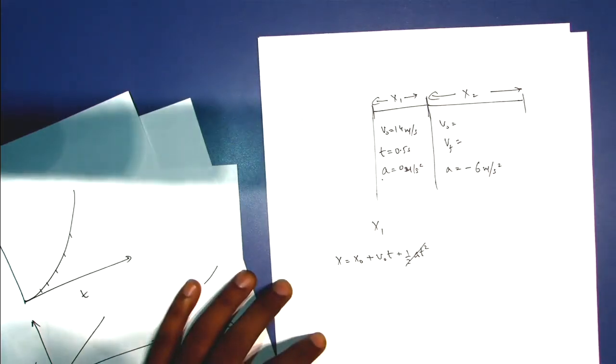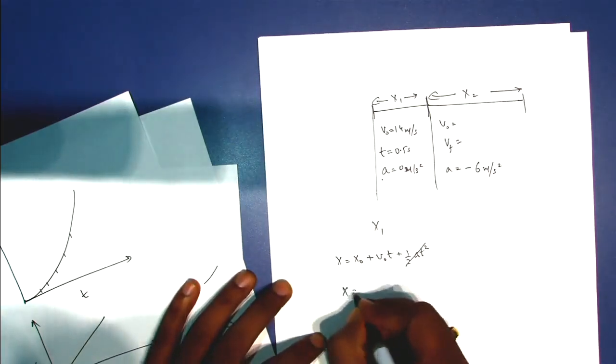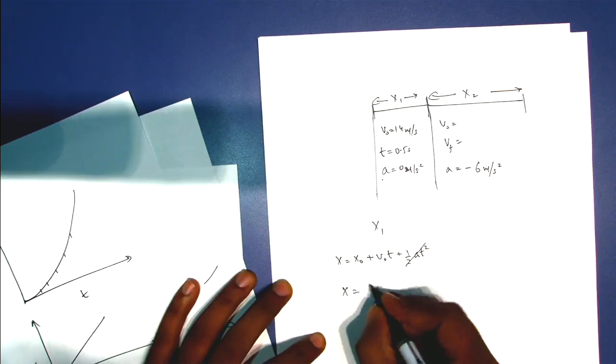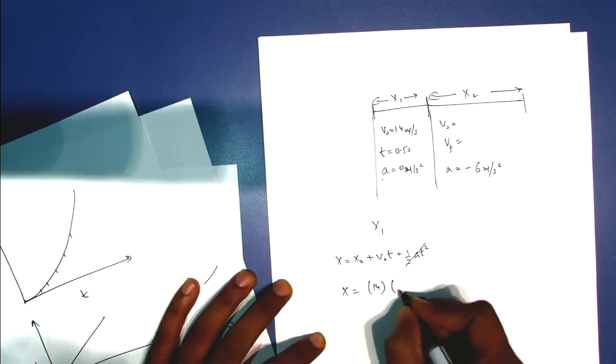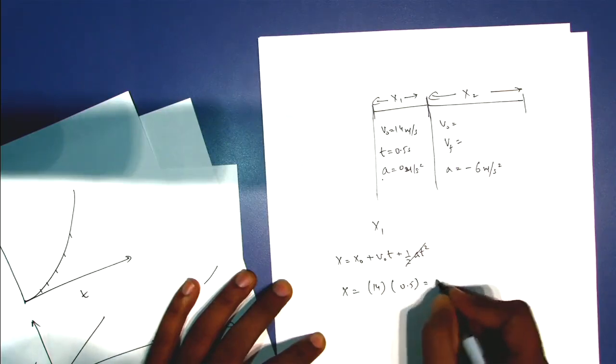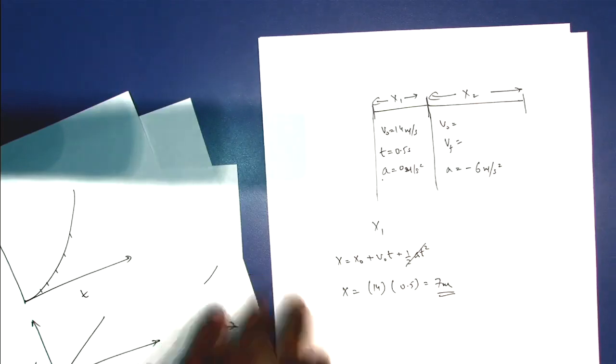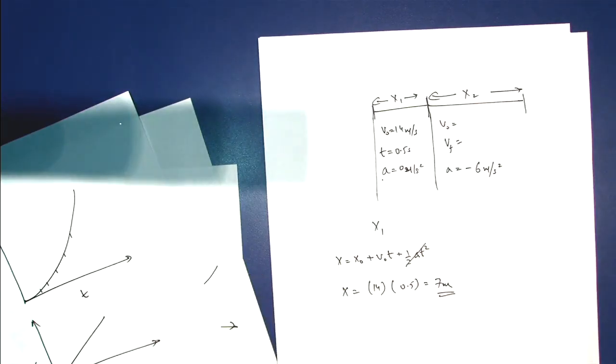If A is 0, that term goes away. So x is v times t, which is 14 times 0.5. So great, 7 meters. Everyone's with me so far? All I'm saying is during my reaction time, when I did not hit the brakes, my car, which is traveling at 14 meters per second, travels for half a second. So it's covered 7 meters.